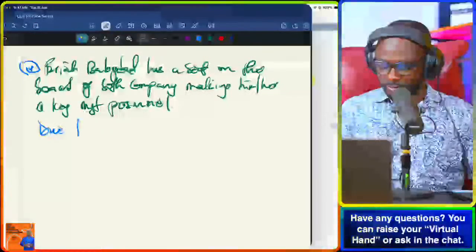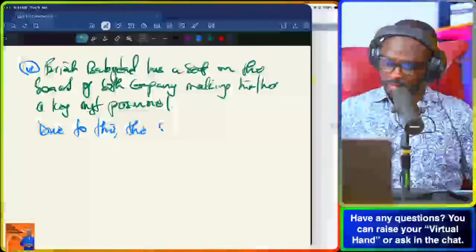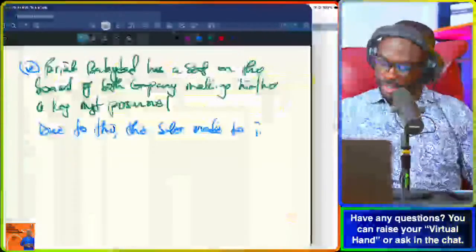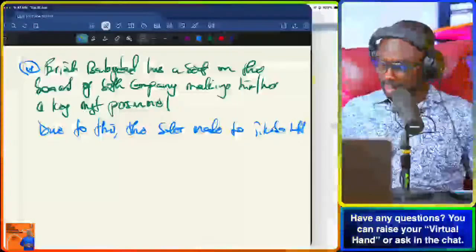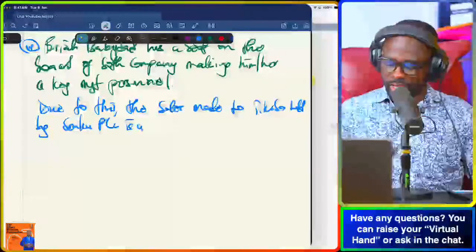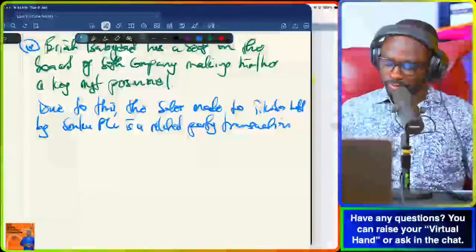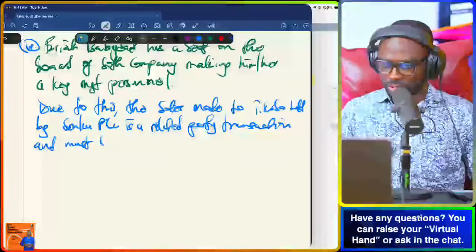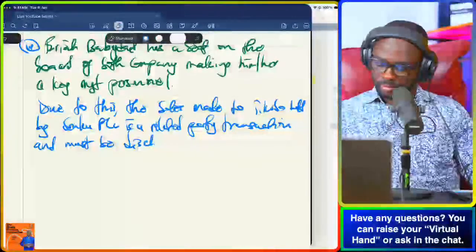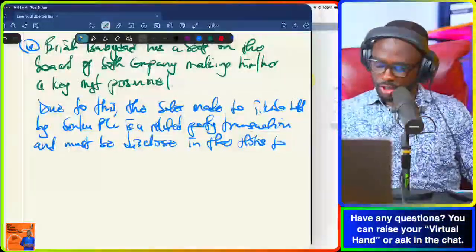Due to this, the sales made to Tikobo Limited by Senku PLC is a related party transaction and must be disclosed in the notes to the financial statement.